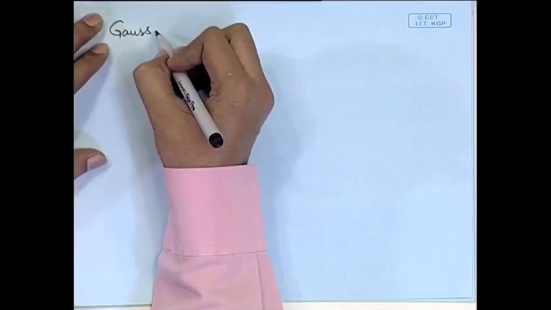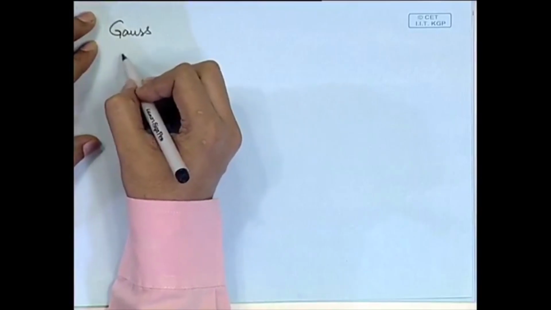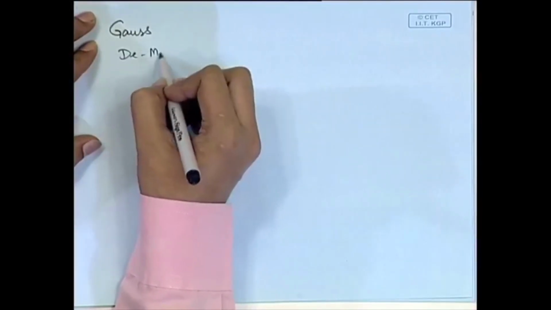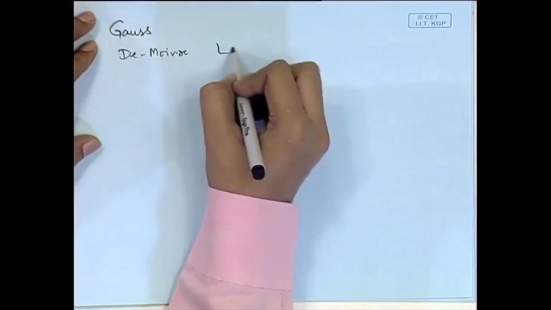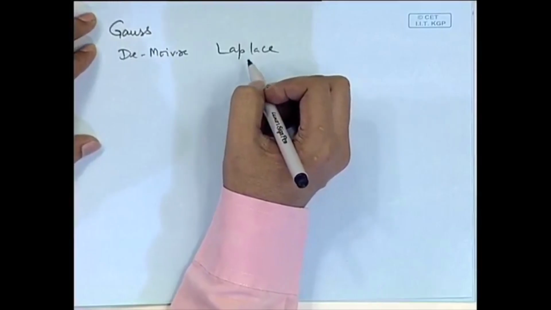And it turns out that the sample mean or the sample sum is normally distributed. However, even apart from Gauss, mathematicians such as De Moivre and Laplace, etc., they obtained the normal distribution as an approximation to the binomial distribution, or the Poisson distribution approximated by the normal distribution.